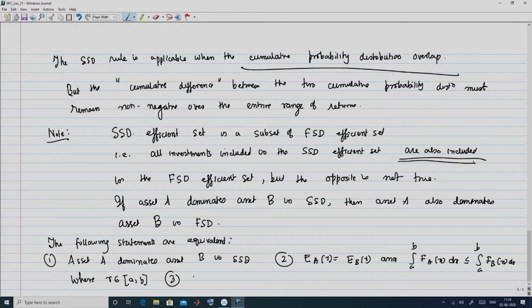And the third statement is that R_B equals R_A in distribution plus epsilon tilde, with the expected value of epsilon tilde given R_A equal to 0. So, these three statements are equivalent to each other.